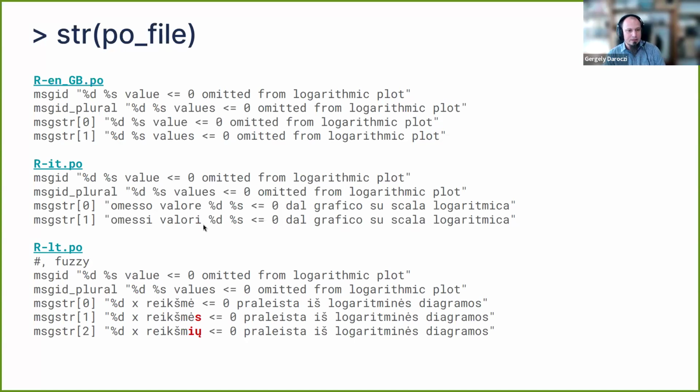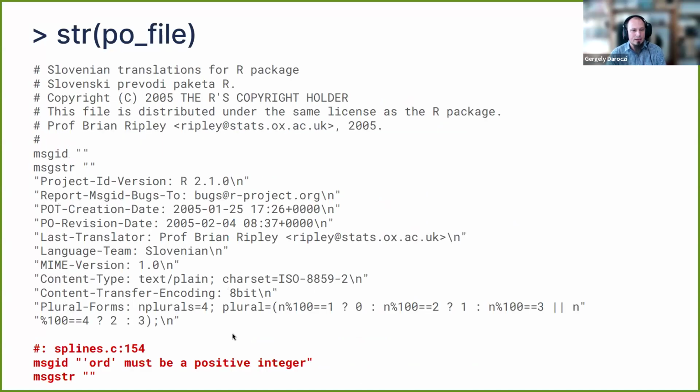For example, here, there are different versions when the number is 0, or sorry, 1, 2, or even more. And it really depends on the actual language. If I go back to some of the previous slides, you can see that the plural forms markup is actually printed here. So that's part of the PO file definition.